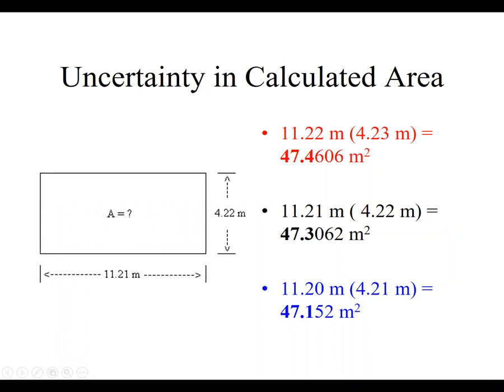You would have 6 significant figures. But if that number really had 6 significant figures, then that would mean that all those digits were known with certainty except the 2 down at the end. And if we assumed plus or minus 1 uncertainty in that last digit, then we would say that the true area is somewhere between 47.3061 square meters and 47.3063 square meters.